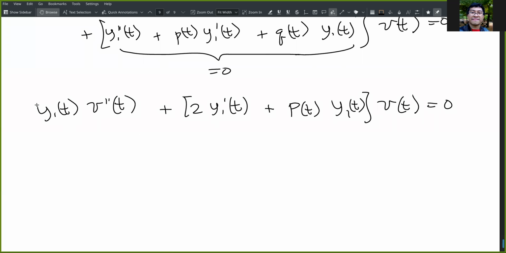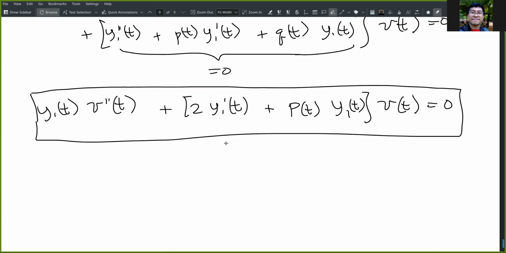And this equation is actually first order. We have removed v, so this is first order in v prime. We are then able to reduce the order, so that's why we have the term reduction of order of the derivative.